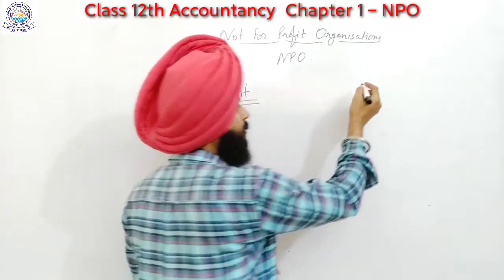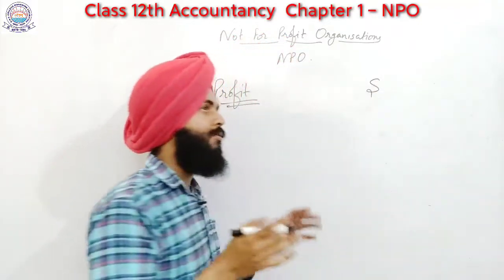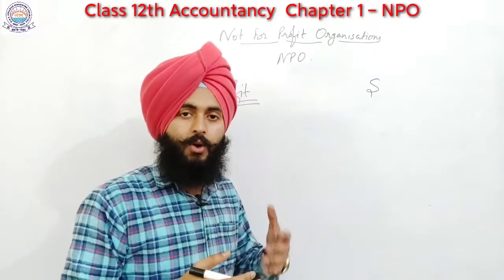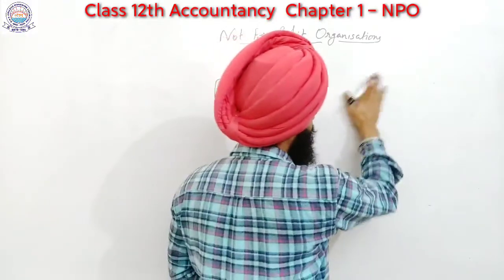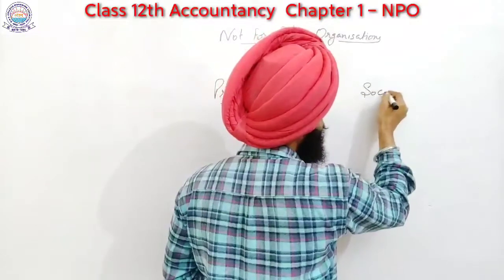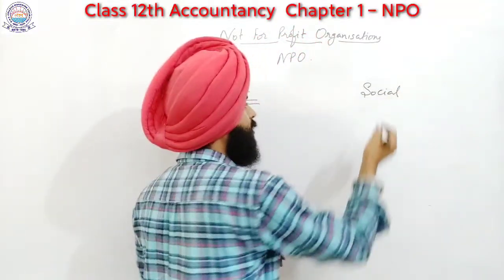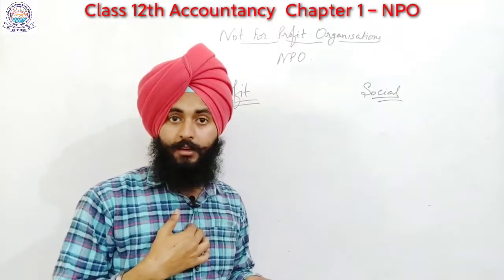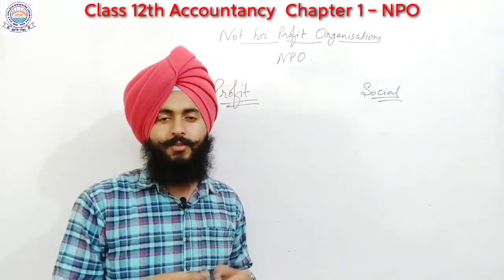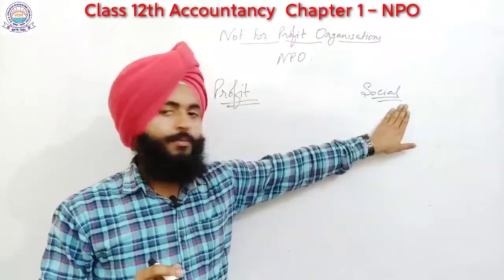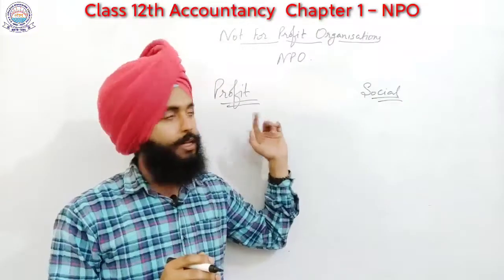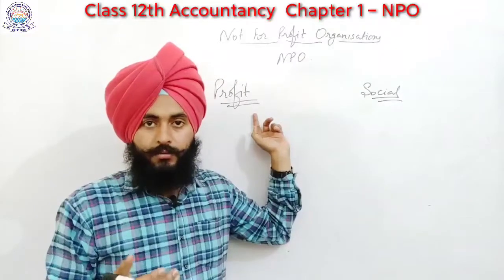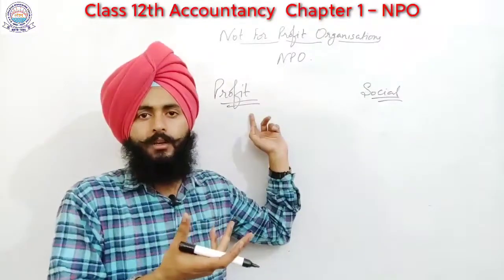The other activities, not done with the motive of earning profit, are called social activities. We may just be giving services to feel happy and satisfied. The activities related to earning profit are called profit making.